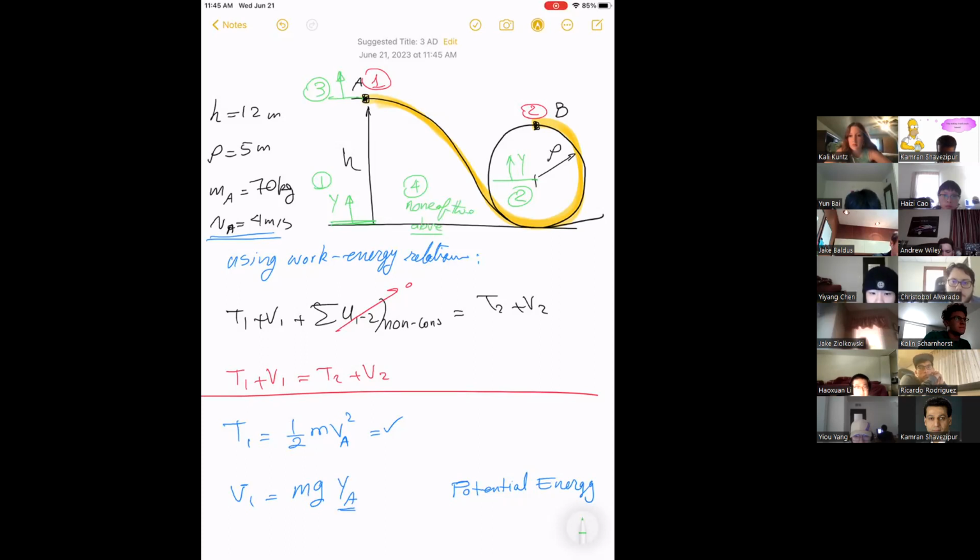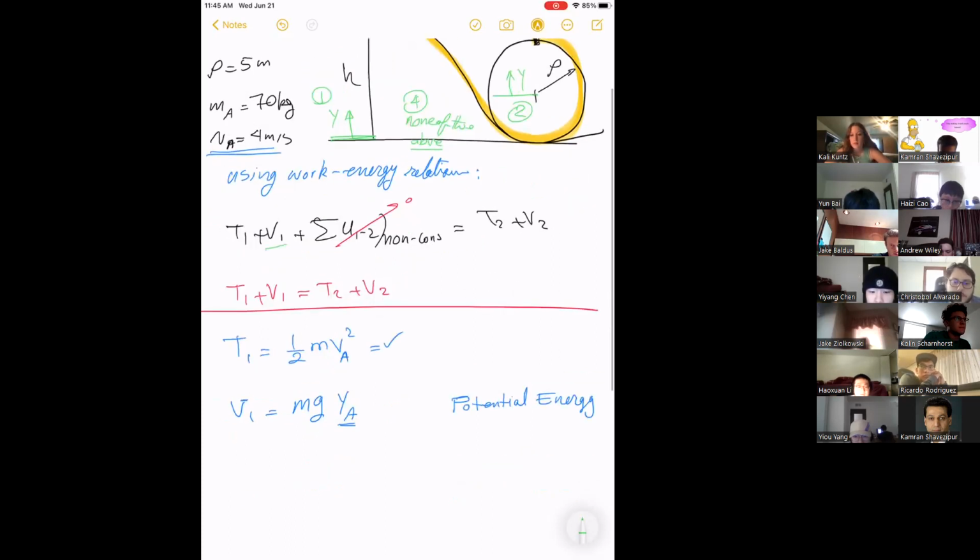Remember, usually when you have V1 as mgy1 or h1, you're going to have mgy2. So at the end, y1 minus y2 is what matters, right? So because of that, it really does not matter where you put your reference point or reference line for y.